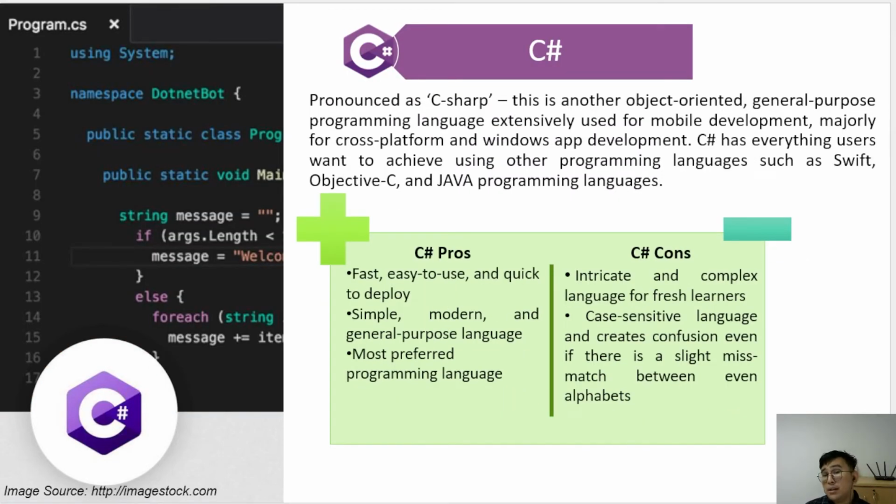It is pronounced as C sharp, and this programming language is also an object-oriented one, the same as C++, but the general purpose of this programming language is widely known for mobile development because this is more friendly and it doesn't really focus the same as C++, because the focus of the features is for cross platform.